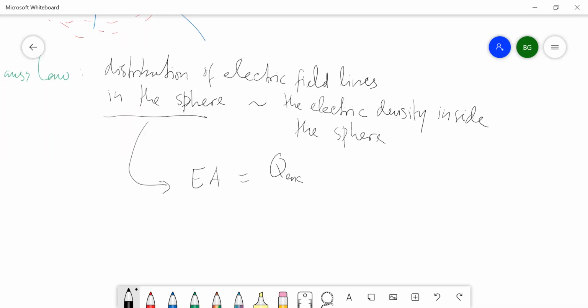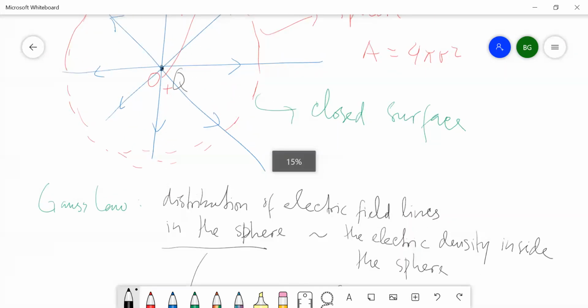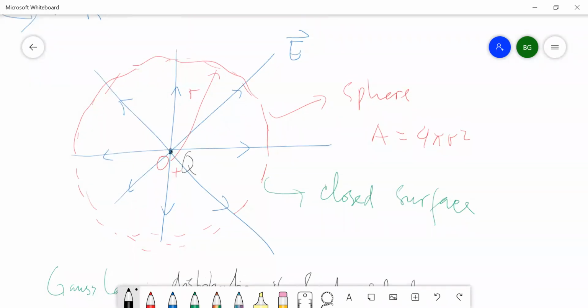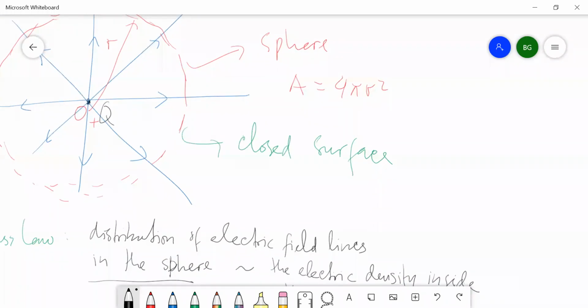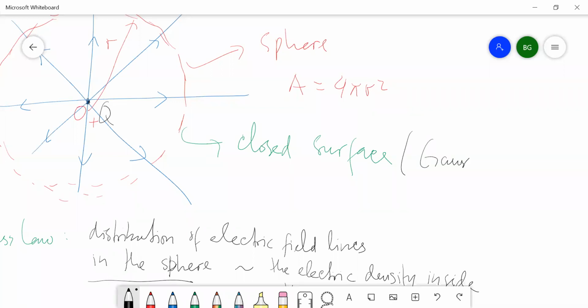Because this is in vacuum, we have to divide it by the permittivity, epsilon 0, the vacuum permittivity. So you see, enclosed means how many charges you cover if you make this closed surface, in this case a sphere. This closed surface is usually referred to as the Gauss surface.